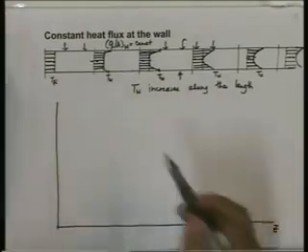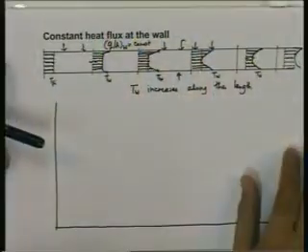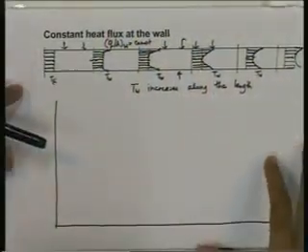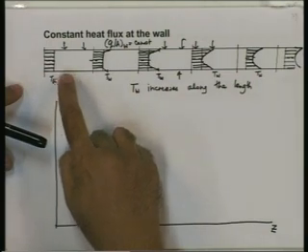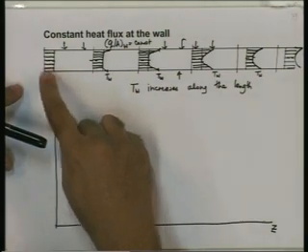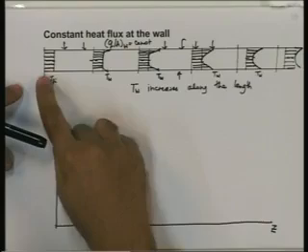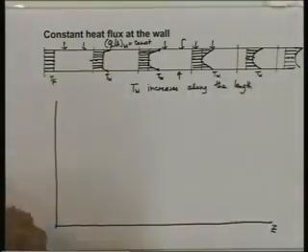Now notice that we have a constant heat flux from the wall. So over a given length, a fixed amount of heat is being added. And by using the first law, you will be able to determine that over fixed lengths, the temperature would rise by a fixed amount, or in mathematical terms, the mean fluid temperature would increase linearly from the inlet along the length of the tube.